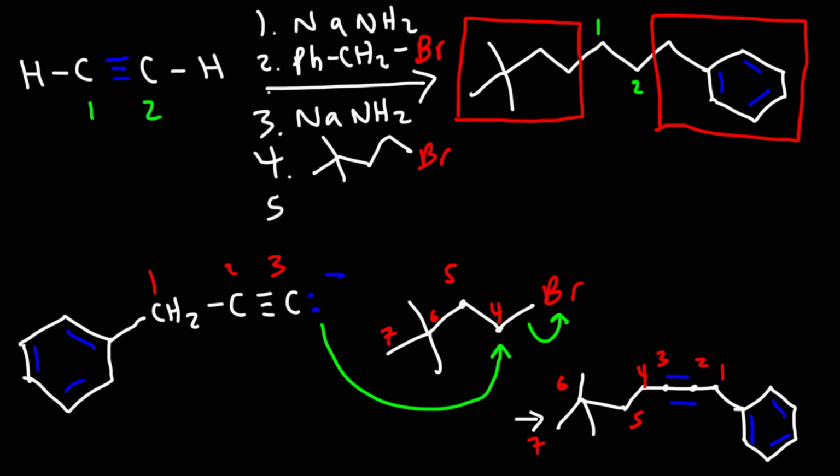To do that, we could simply use hydrogen gas with a catalyst like platinum, nickel, or palladium over carbon. And that's going to give us this product at the end. So that's how we can make it starting from acetylene. You just have to be careful that you count the carbons correctly, because if you miss a carbon, that can cost you the whole problem. So just be careful with that.